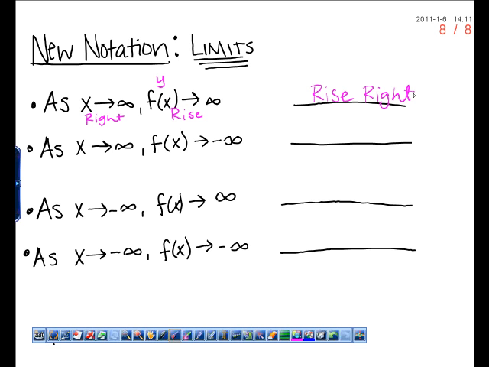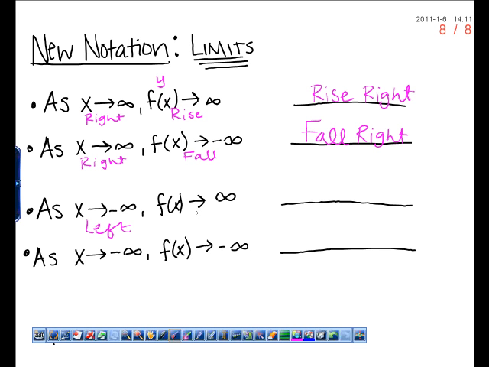What about as x approaches infinity, f of x approaches negative infinity? What's happening here? Good. This is fall right. Because this is still right, but now our f of x values are getting smaller, so they're falling. When I talk about x approaching negative infinity, am I talking about the right side or the left? This is the left. And f of x approaches positive infinity.